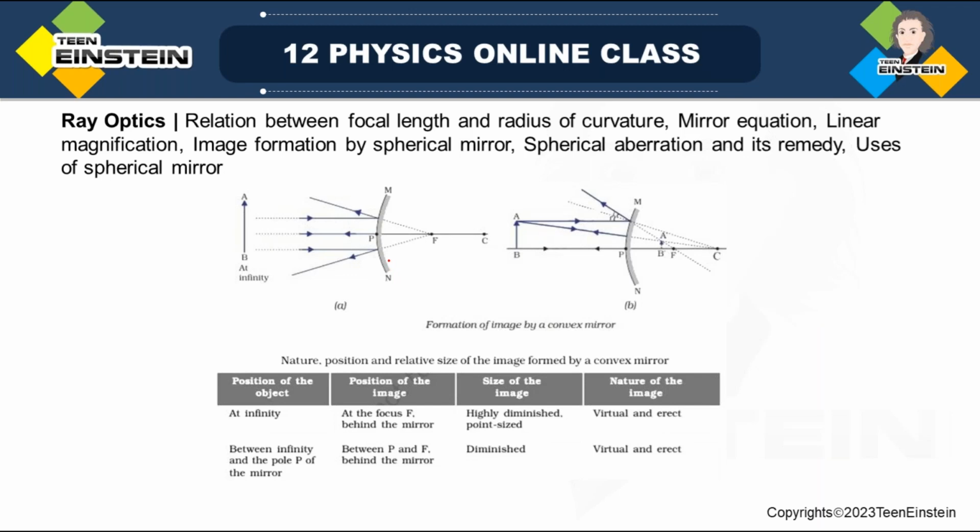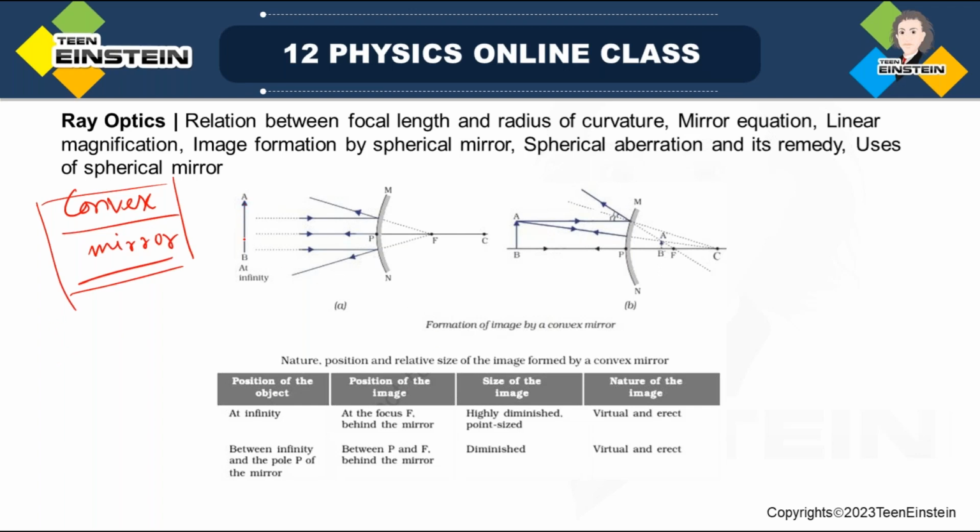So in case of convex mirror, the image will always be virtual.